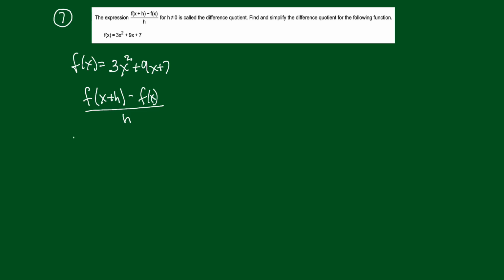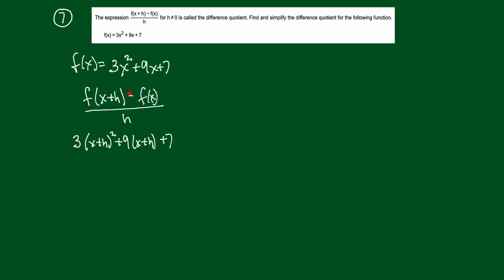It looks like this. There's 3, and instead of the x, I'll write the x plus h squared plus 9. Instead of the x, I'll put in the x plus h, and then plus 7. All right, now that is this. I've just computed f of x plus h. I put the x plus h here and here, and there's the plus 7.